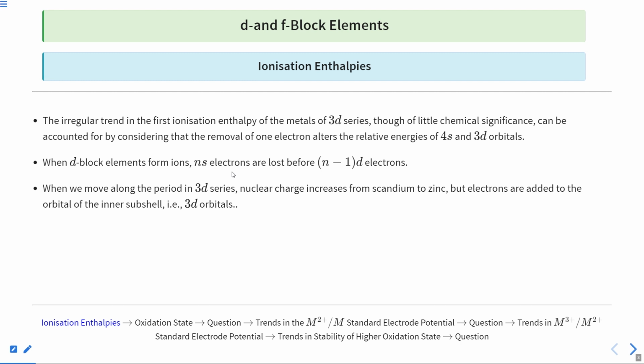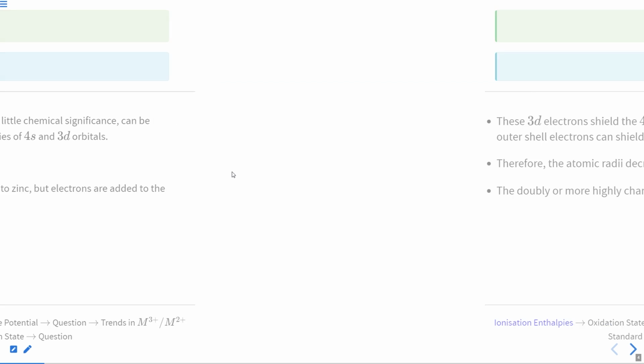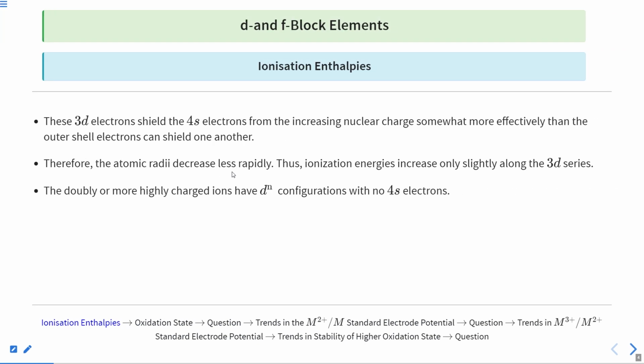Now, when we move along the period in the 3d series, the nuclear charge increases from scandium to titanium, but the electrons are added to the orbitals of the inner shell. Now, the 3d electrons shield the 4s electron from the increasing nuclear charge somewhat more effectively than the outer shell electrons can shield one another. Therefore, the atomic radii decrease rapidly.